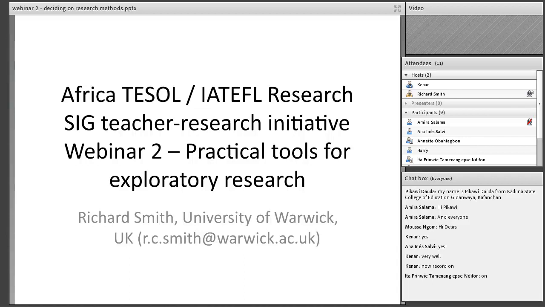And we also talked about different kinds of teacher research. I explained that we were going to focus on a particular kind of teacher research, which starts off, at least, with exploring before you try to change something. So we call this maybe exploratory action research.